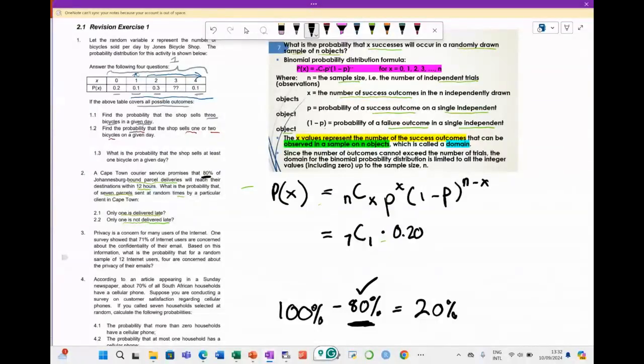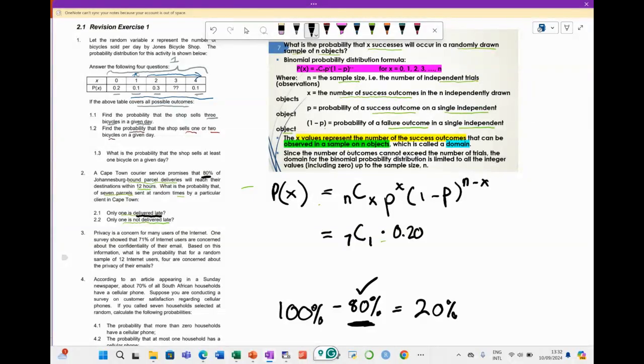The success outcome is... Why is it 20? Remember, the success outcome is determined by the nature of the question. If we go back to the question, it says only 1 is delivered late. They want the probability that 1 is delivered late. So it will be a success if we can establish that 1 is delivered late.